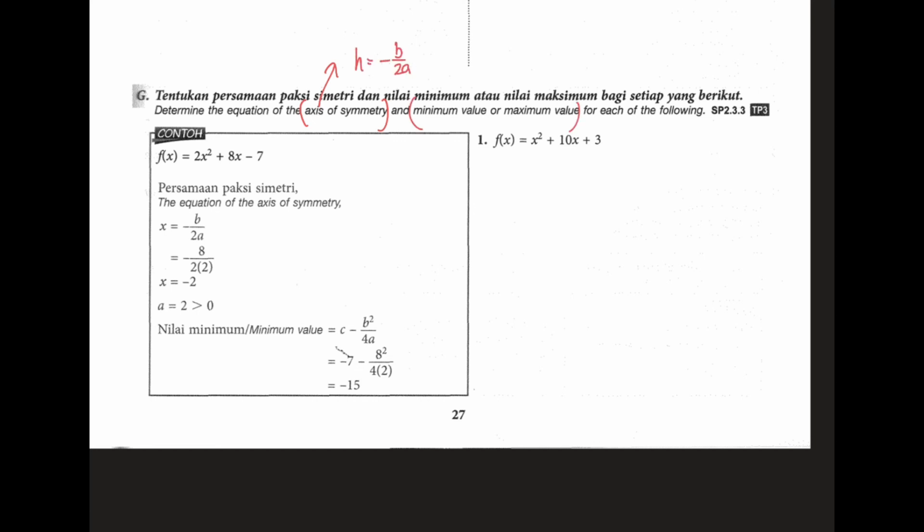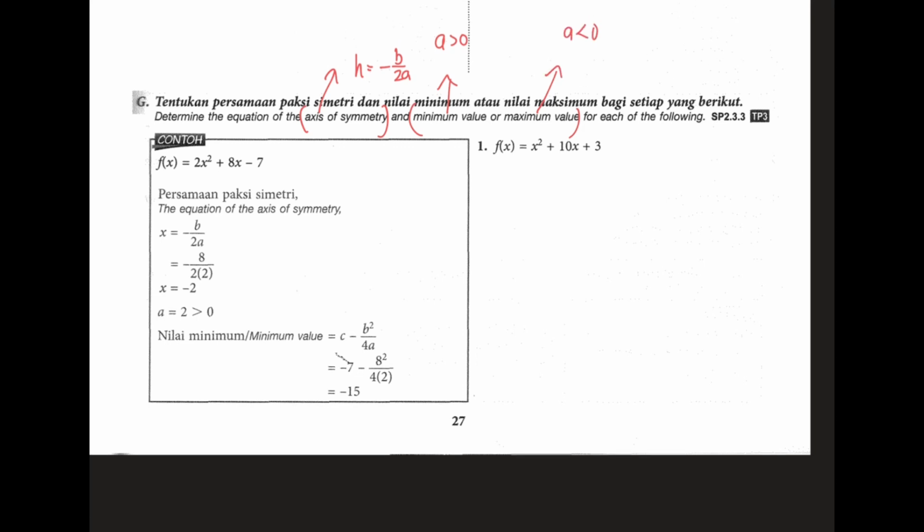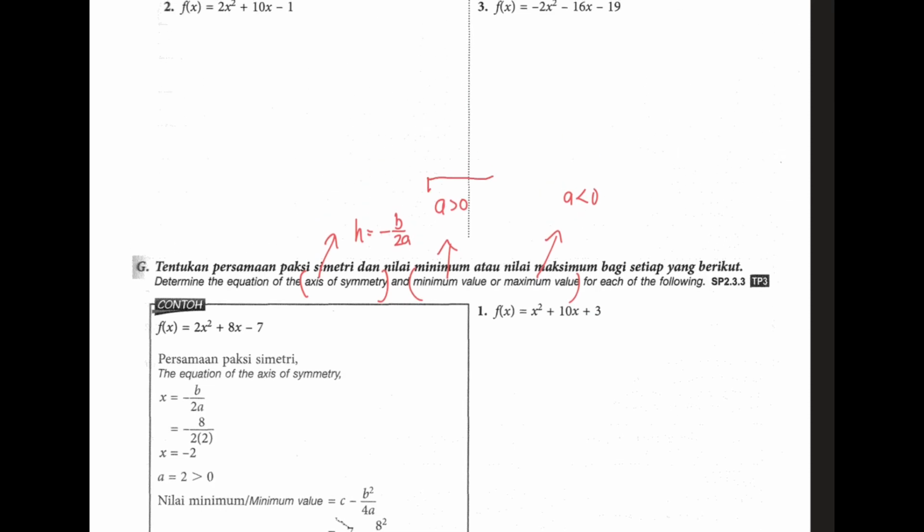Minimum value is when a is more than 0. Maximum value is when a is less than 0. So to find the maximum or minimum value, the formula is the k. k equals c minus b squared over 4a.